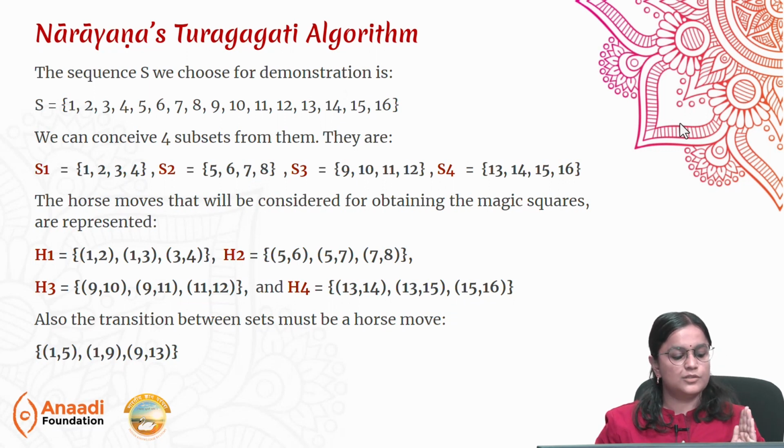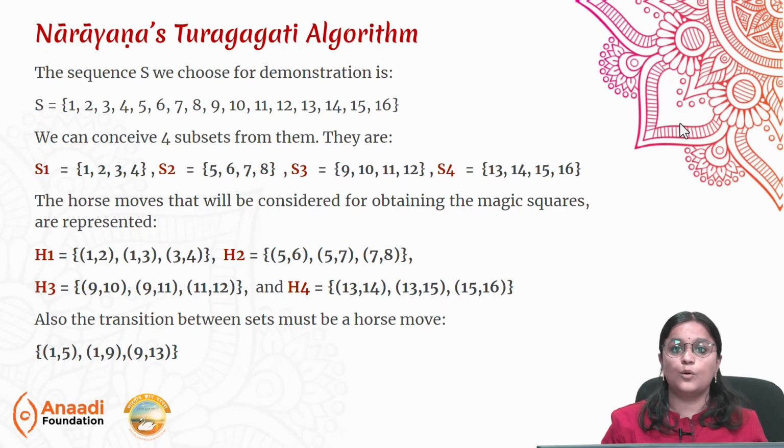Here you can see that 1 and 2, 1 and 3, 3 and 4 should all be in horse moves to each other. 5 and 6, 5 and 7, 7 and 8 and so on. Like we saw before, the transition between the sets must also be a horse move, which means 1 and 5, 1 and 9, 9 and 13 must also be in horse moves from one another inside our pan magic square.